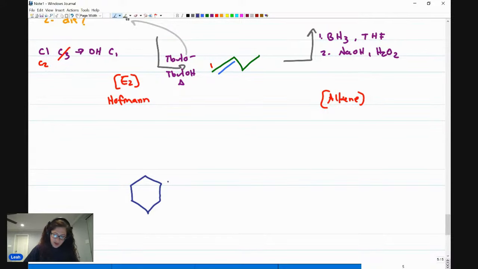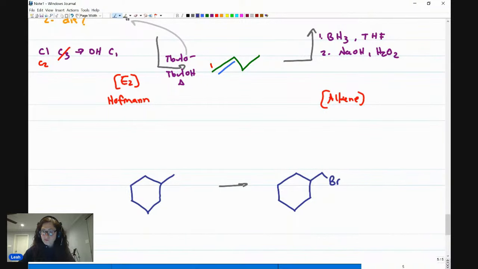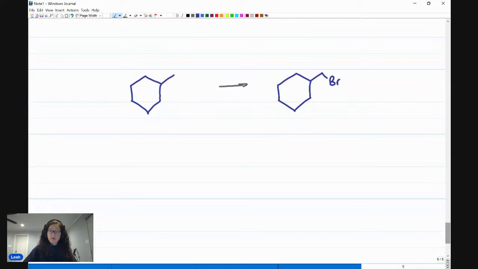You're given this on your exam, and you're asked somehow, some way, to create a product that looks like this. How do we carry this out? Where do we even begin?